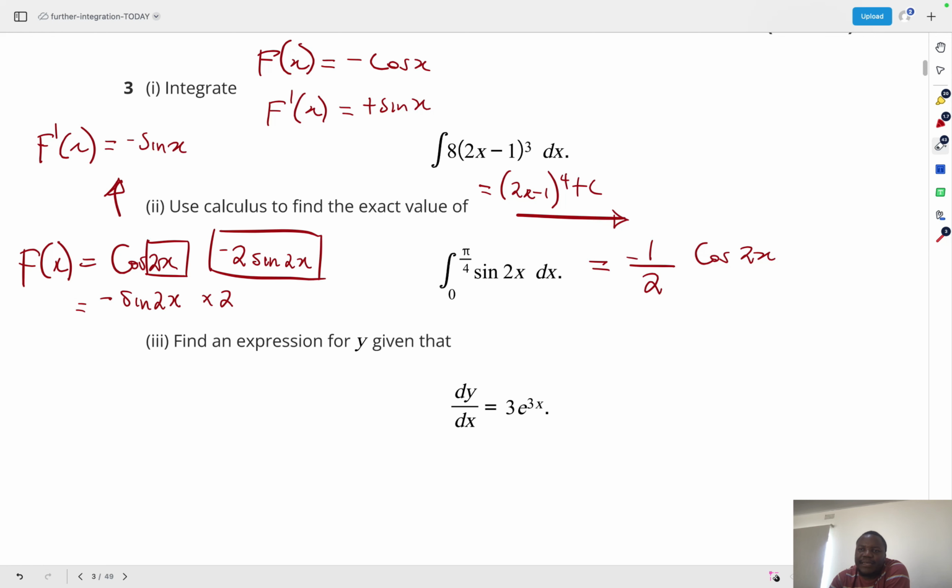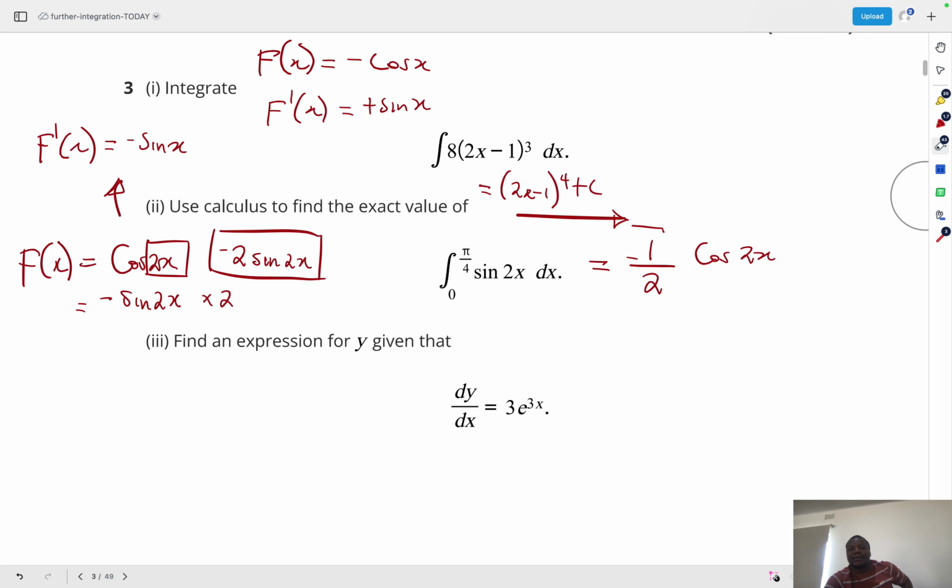Why am I having negative cos? It's because if I differentiate cos 2x, I get negative 2 sin 2x. So to kill this 2 here, I have to have half of negative cos, because otherwise it would have been 2 here, but there is no 2 there.